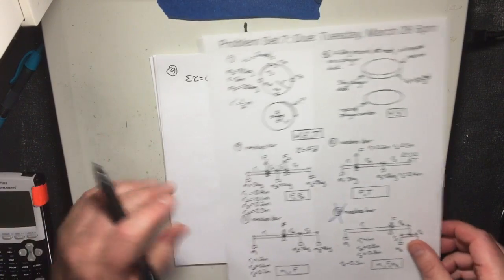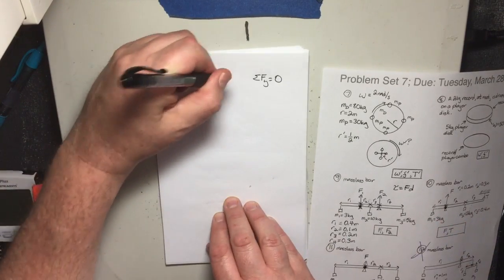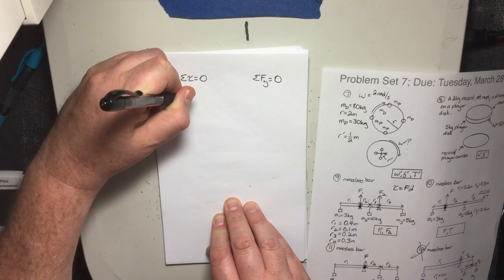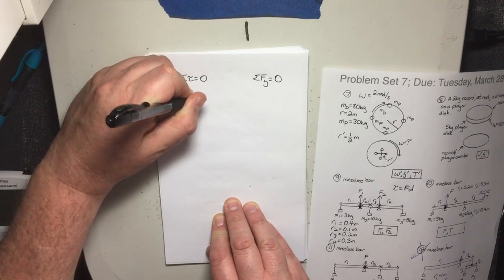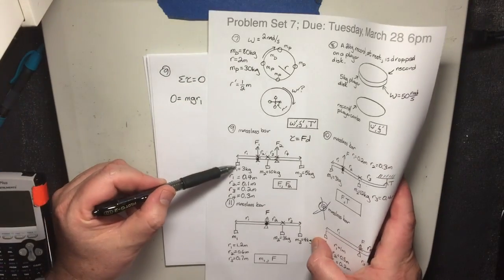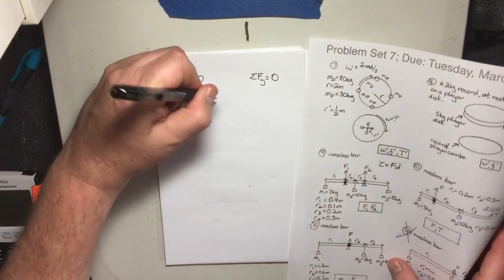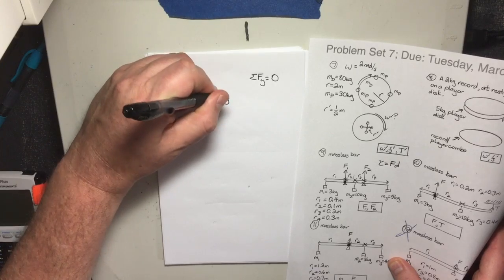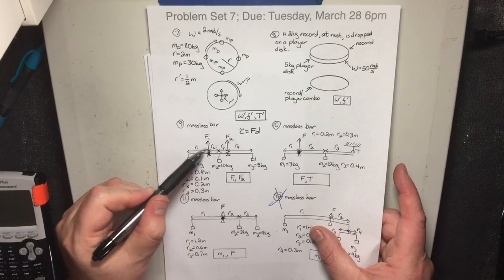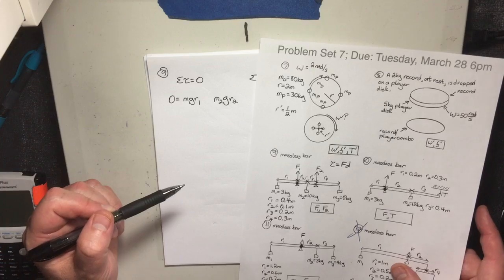So in the case of number 9, the sum of the torques is M1G R1. M1G is the force, R1 is the distance. The next torque, M2G R2. M2G is the force, R2 is the distance.